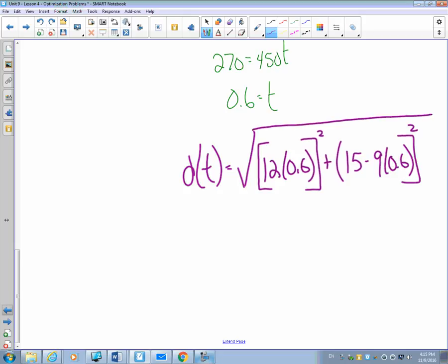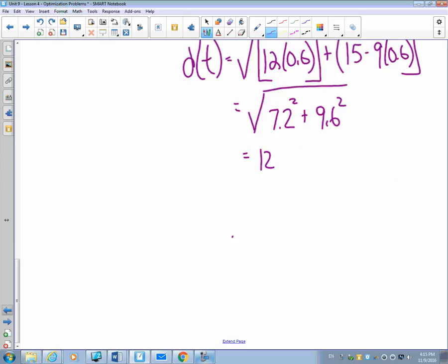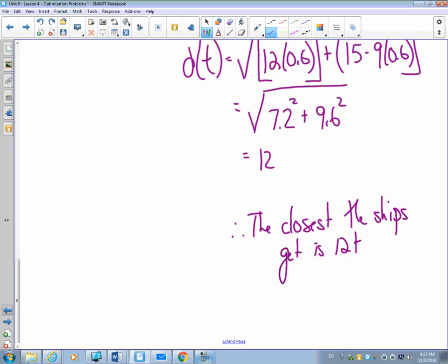It's kind of a messy looking thing, but what's that going to give us? The square root of 7.2 squared plus, if we do the part in the brackets, 9.6 squared. It comes out to 12. The closest point of approach, the closest they get, is 12 kilometers, which is closer than they were when they started. They were 15 to start.